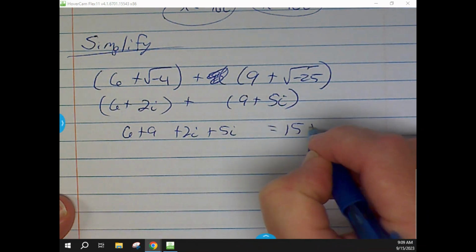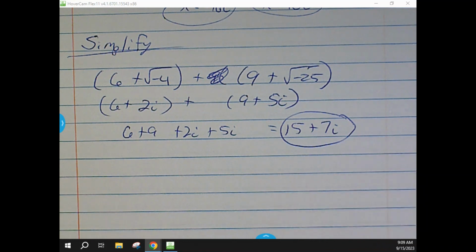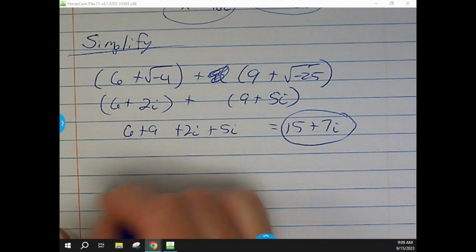And then 2i plus 5i would be 7i. So they'll just mix in some different negative square roots and have you work through. Maybe you have to do addition, you might have to do subtraction. May even have some where you might have to do a little bit of multiplication.